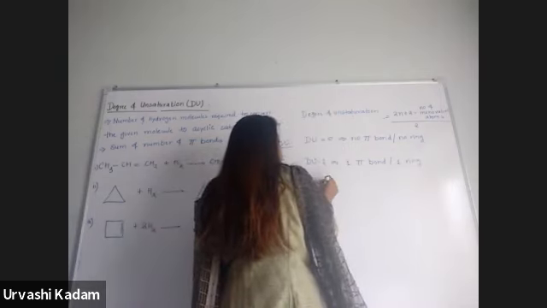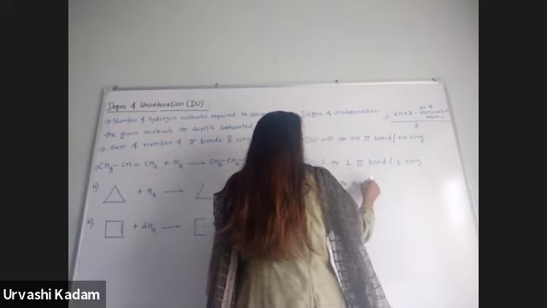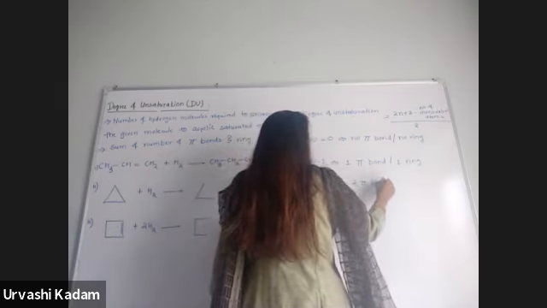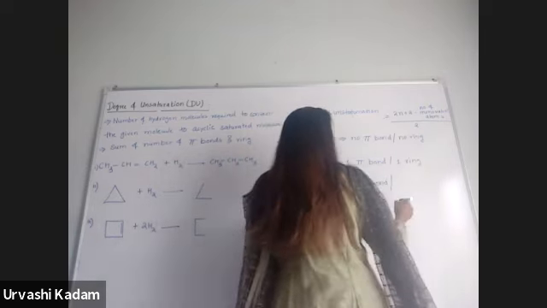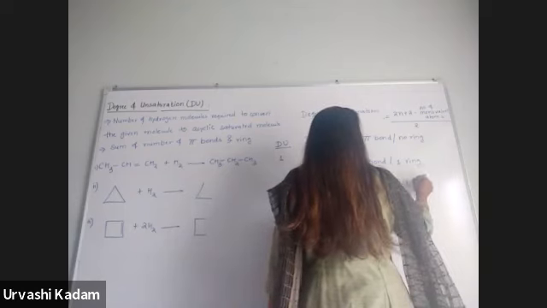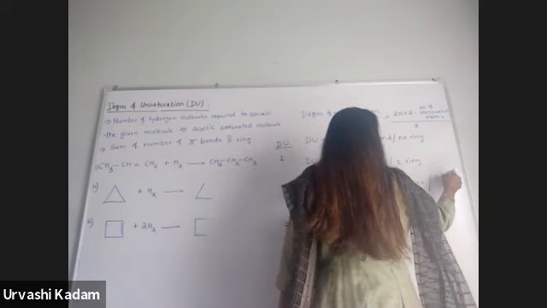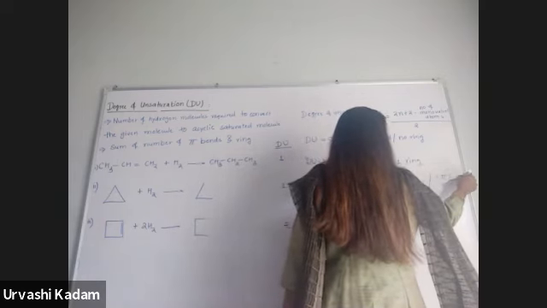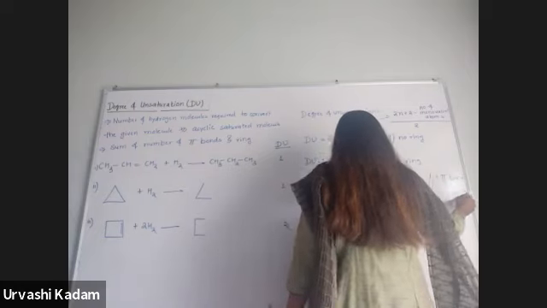DU का answer 2 आ गया, उसका मतलब 2 pi bonds, या 2 rings, या 1 pi bond and 1 ring. And like this we can go on computing.